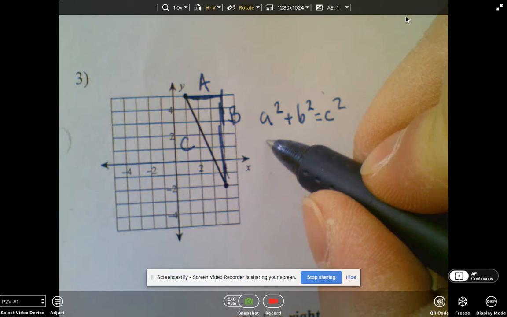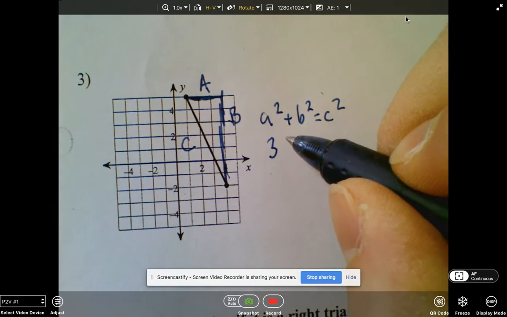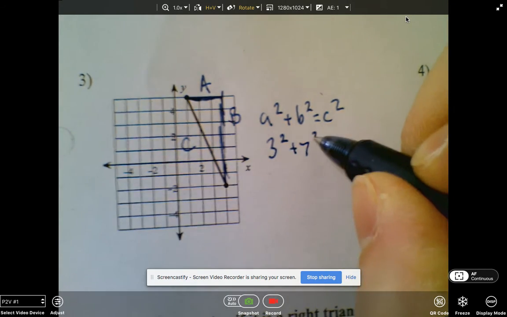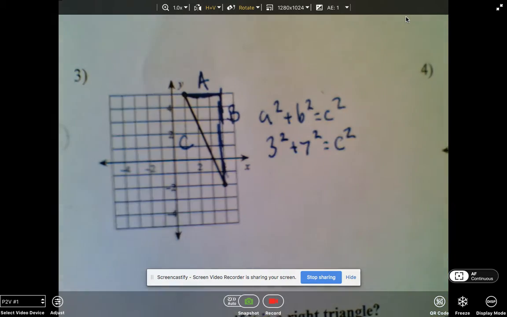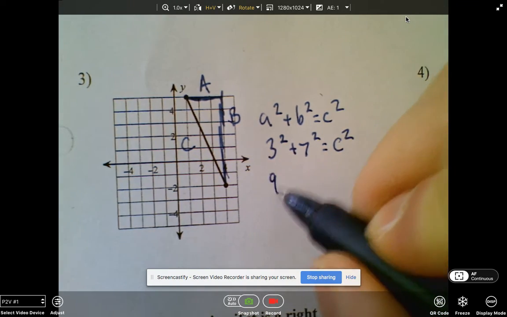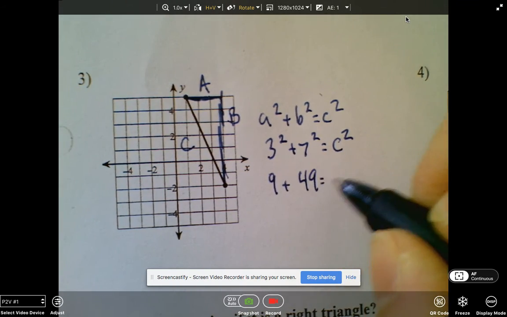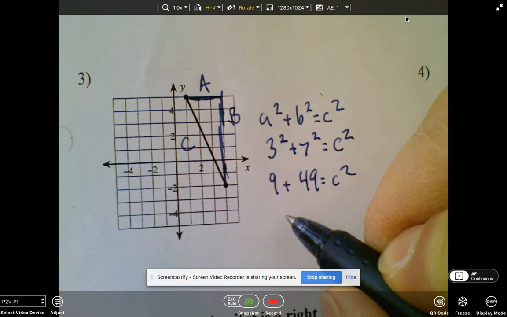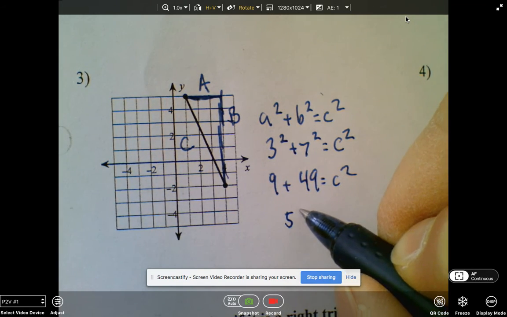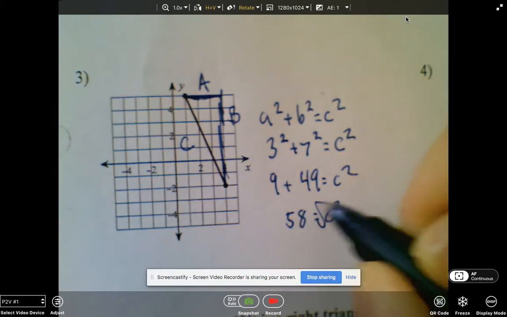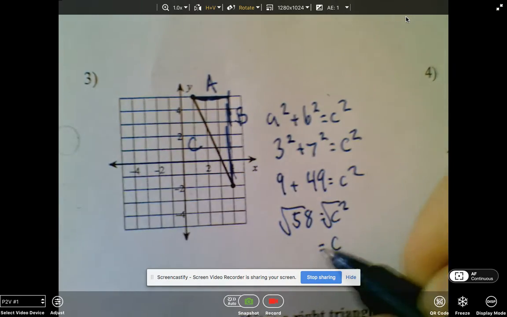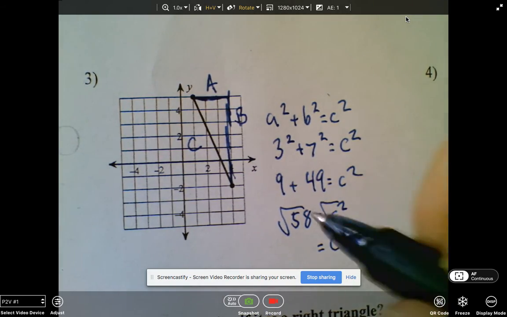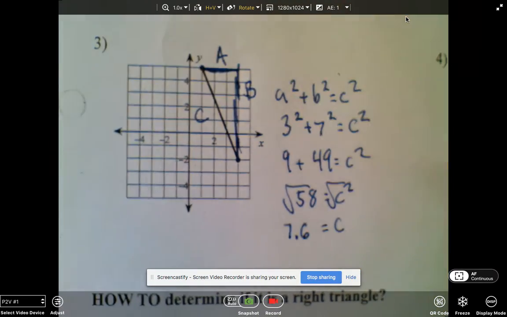Yeah, so I got 3 squared plus 7 squared equals C squared. So I have 9 plus 49 equals C squared. And then this would be 58 equals C squared. Raise your hand if you can give me the length using the Pythagorean theorem. Yep, 7.6 is the length from there to there.